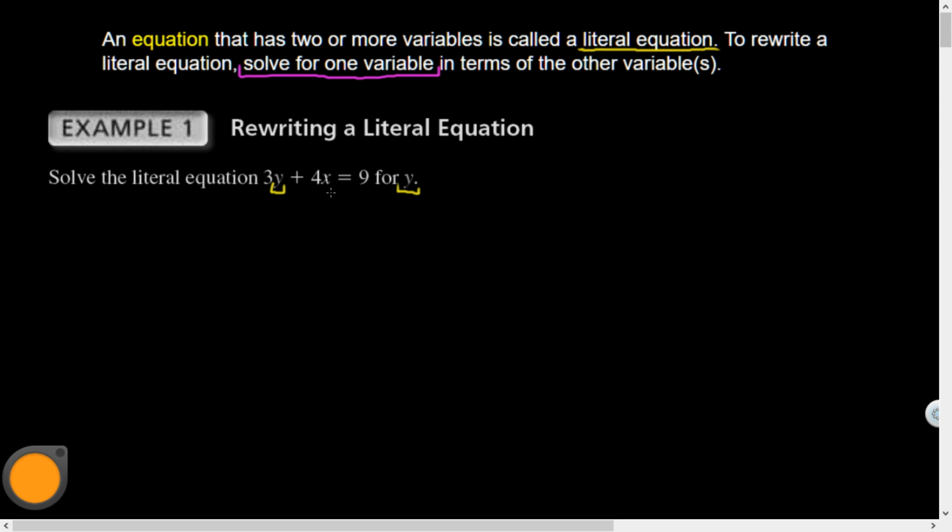So with inverse operations, I've got to move this 4x away from the y. The way I would move that is subtract 4x from both sides. Now 4x and 9 are not like terms, so they're each going to have their own thing. I'll have 3y equals, and I like putting my variable first, so negative 4x, and then plus 9.